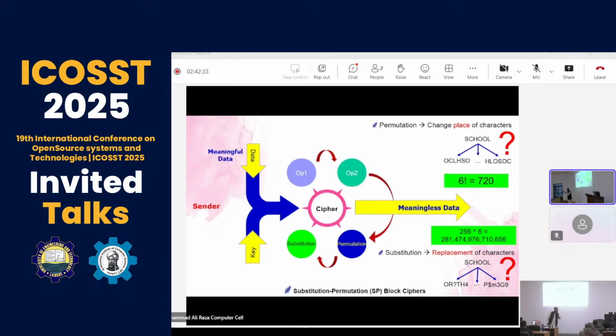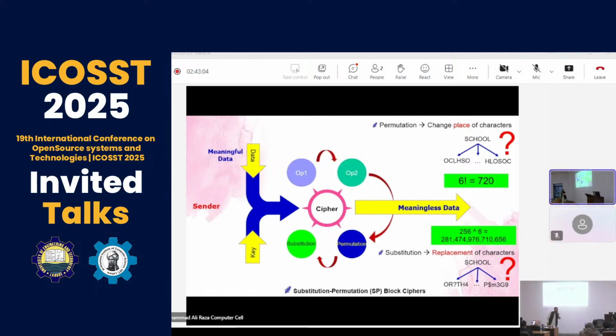S is a byte, and a byte has 256 possibilities from 00000000 to 11111111. 256 possibilities at one place, 256 at the second place, 256 at the third place, so it will be 256 to the power 6. Look at the number of attempts he will have to make. It is more than trillions or billions and so on.